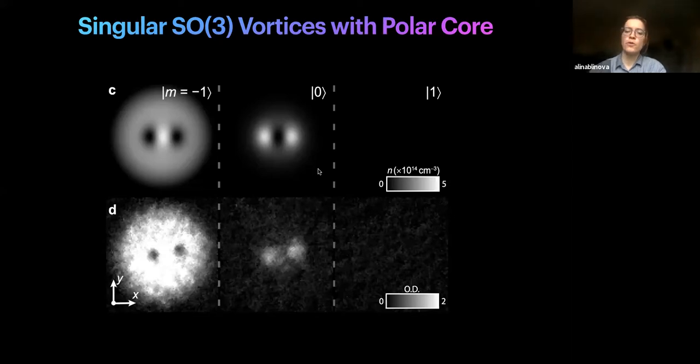The residual atoms that did not convert all the way down to -1: there's a spin exchange process, which converts some of the ferromagnetic phase to the polar phase. So this is what we see in the middle here. These 0 atoms are evidence for a polar phase, and they fill the cores of the ferromagnetic vortices.